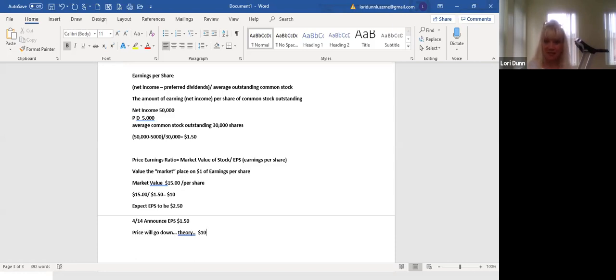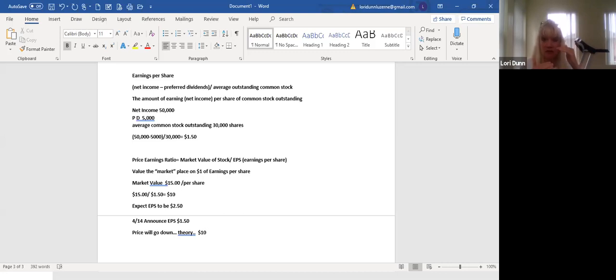So you can see how much that $1 difference in earnings per share affects your stock price because of the value stockholders put on it. If the price earnings ratio is 10, the price should go down by $10 if earnings per share decreased by $1.